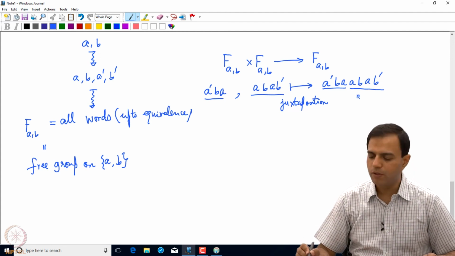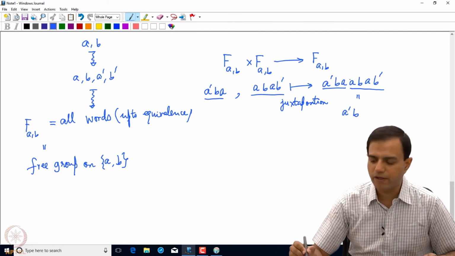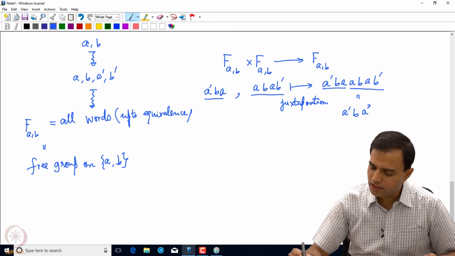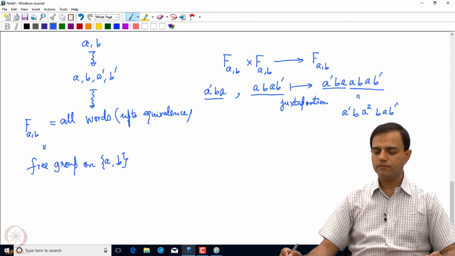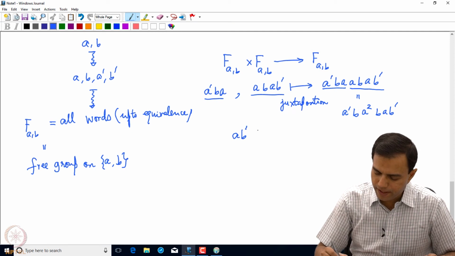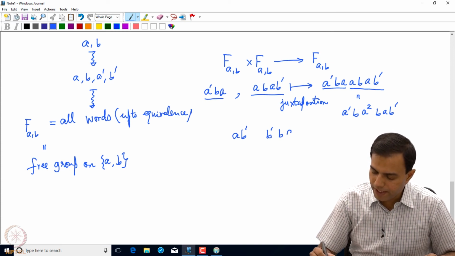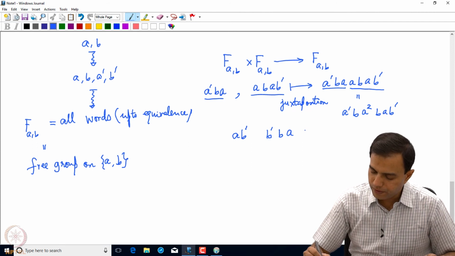So simplified form of this would be just a notation A prime B. When you have A and A back to back, its notation is A square, and then B A B prime. If there were some other word, say A B prime here, and if B prime B were here, well B prime B is identity, maybe B prime B A were here, then what would I do?